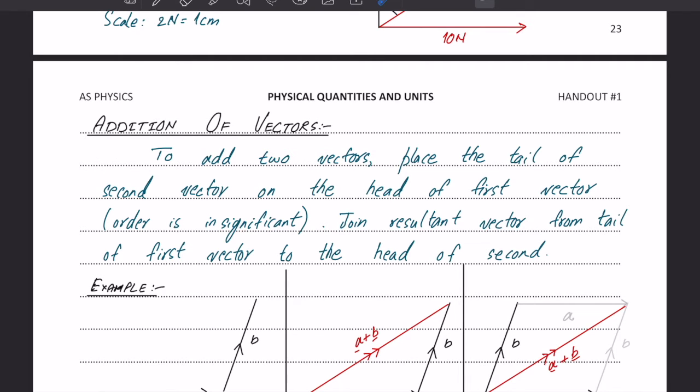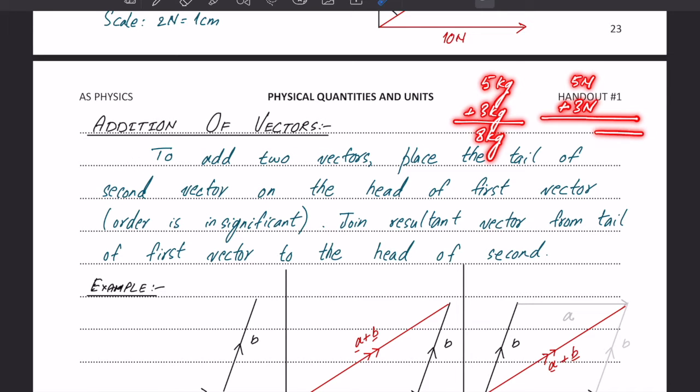So every time I have to add 5 kg and I have to add 3 kg with that, I will always get my answer as 8 kg because this is a scalar quantity. But a 5 Newton added to 3 Newton can give me a range of possible answers because it depends on direction.